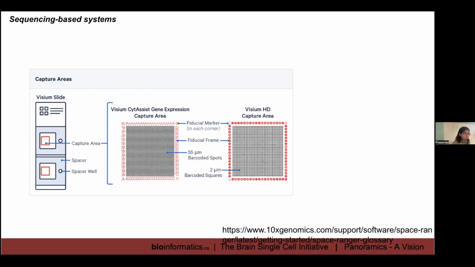Now, when it comes to sequencing-based systems, whether it's Visium, Stereo-seq, or DBiT-seq, it is all about points. It's all about spots. These spots are predetermined. It's an array. Think of microarrays. I don't know, maybe some of you are too young to know microarrays. Anyway, microarrays was where it all started.